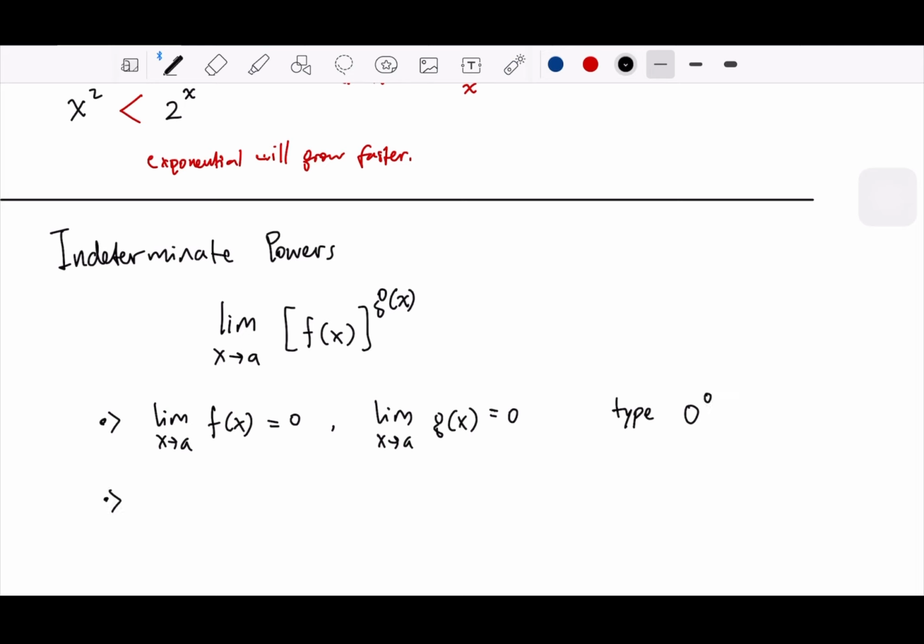And then secondly, this is going to be infinity with power of 0.